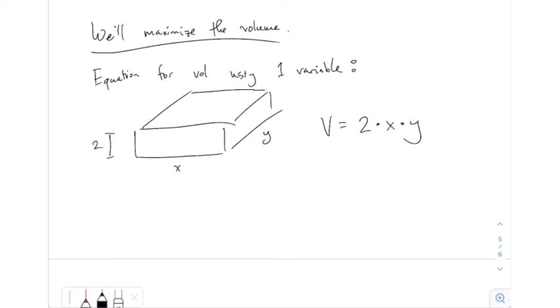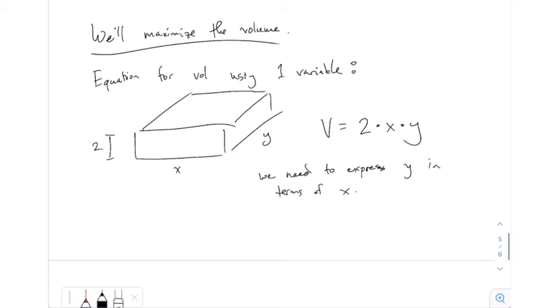So we have to write y in terms of x. Just from this picture, there's no way to do that. You have to look back at the question for some more information.